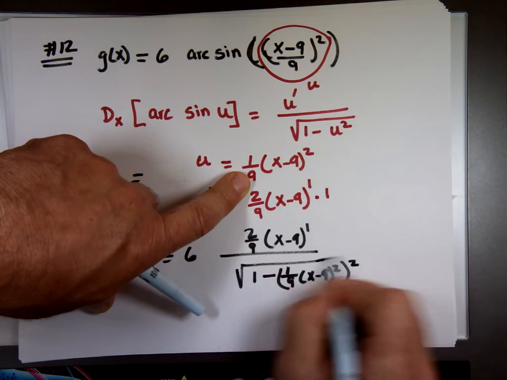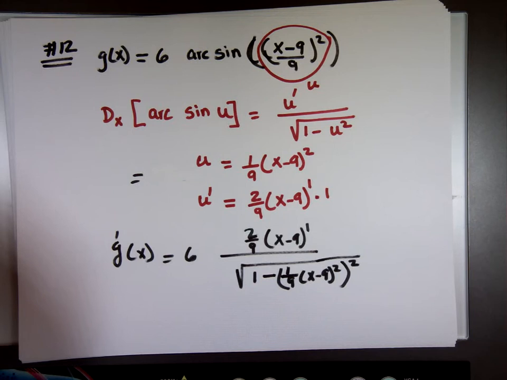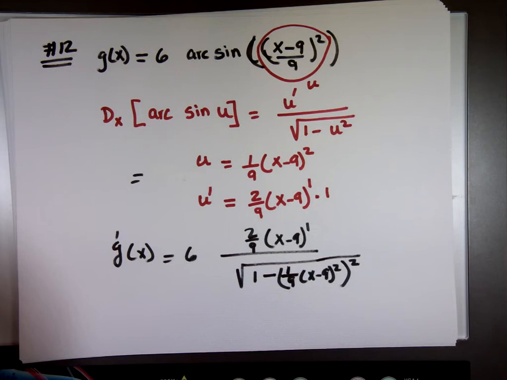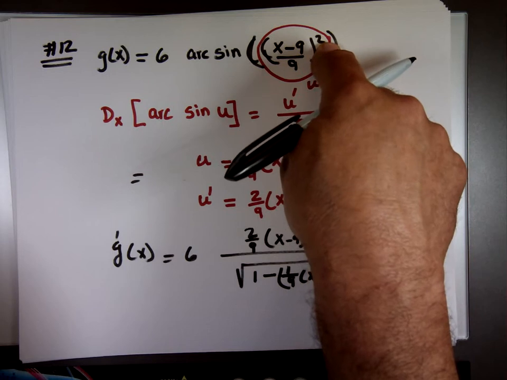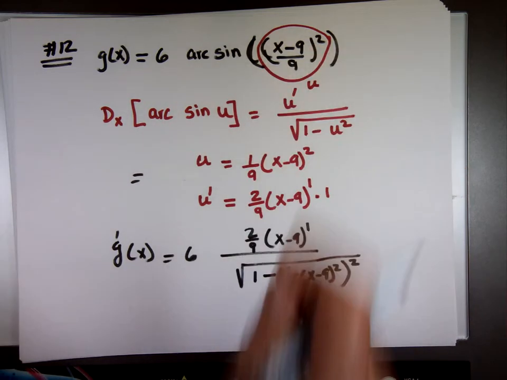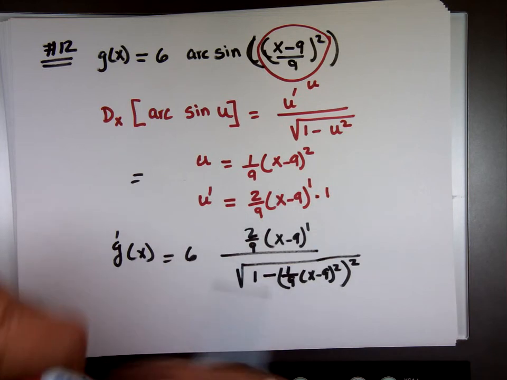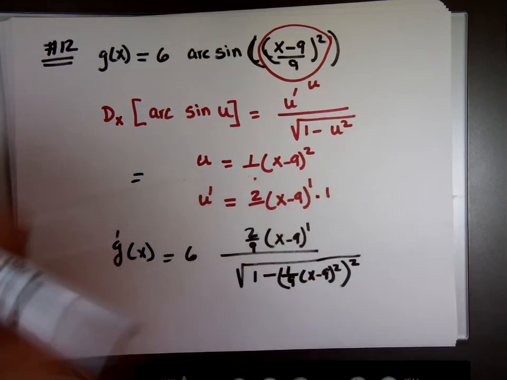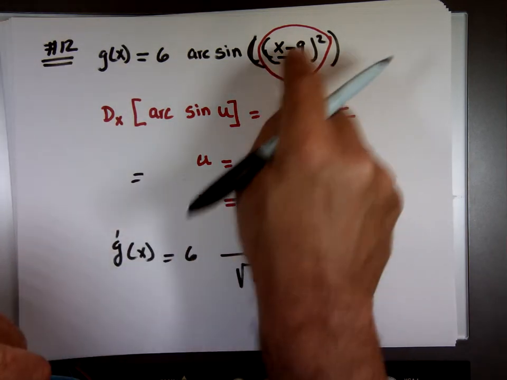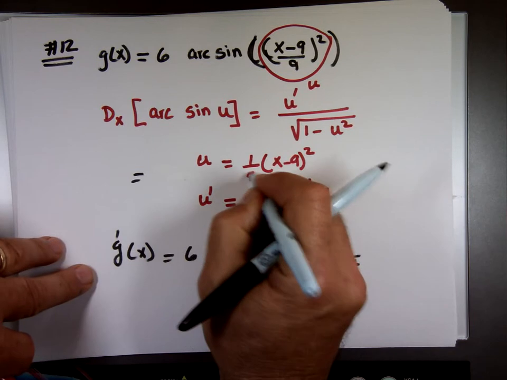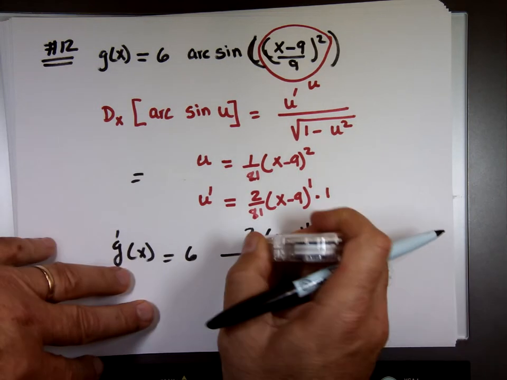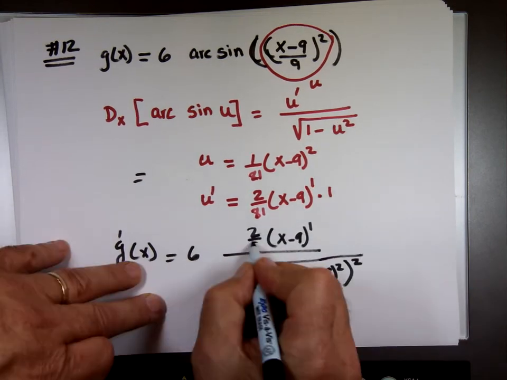Yes, that should be 81. Very good, good eyes. Because this actually was the whole thing squared, not just the top. So this will be an 81, because you've got to square the 9.